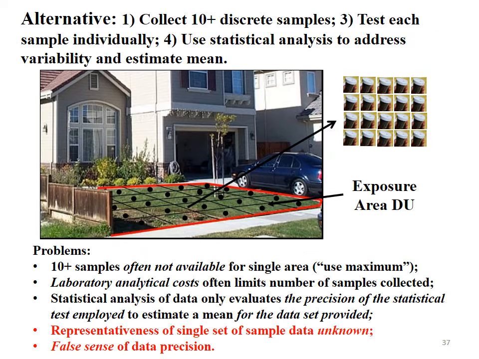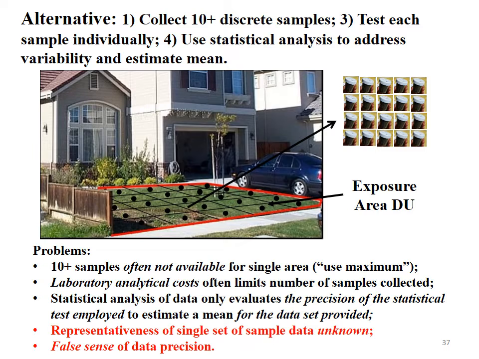Here's an alternative. This was an alternative forced on risk assessors by people like myself, where we would collect discrete samples, thinking that we were trying to determine the extent of contamination, which we now know isn't reliable. But here's what the risk assessors got. Ideally they get at least 10 discrete samples, and the data has already been given to them.